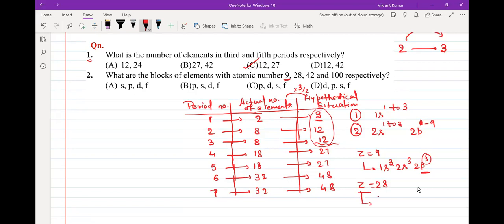It will have 1s3, 2s3, 2p9, and then 3s3, 3p9, and then 4s1 will be the configuration. So the last electron is entering s, and that's why it will be said to be in the s block.